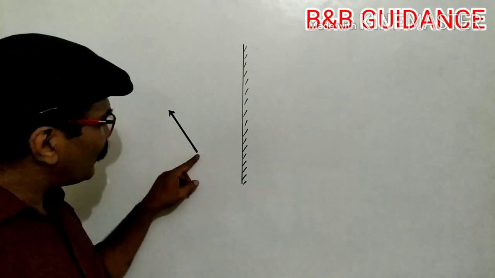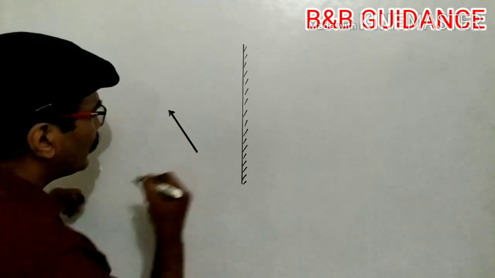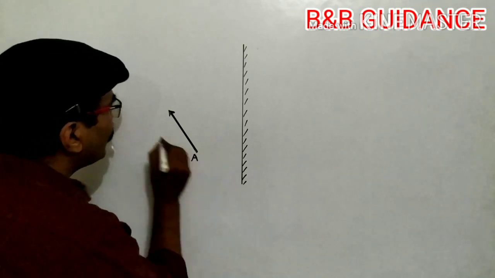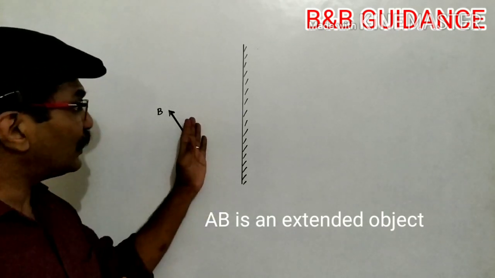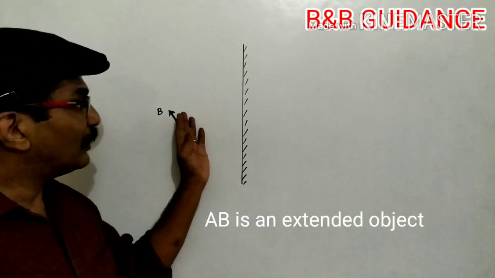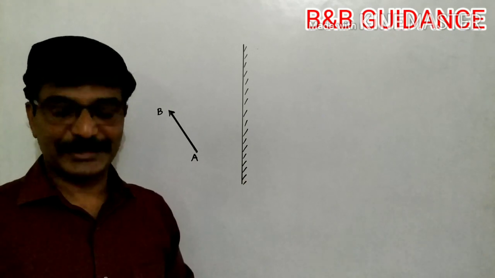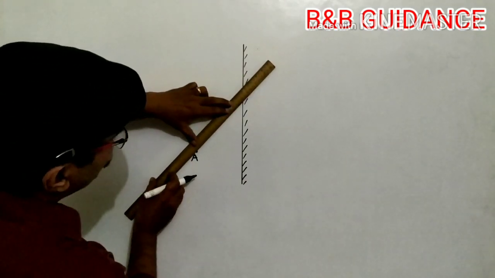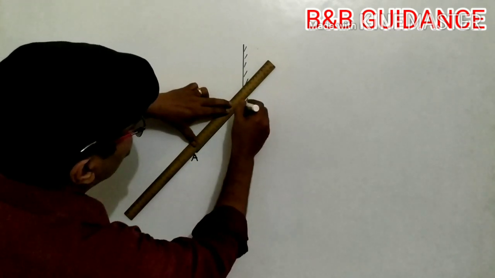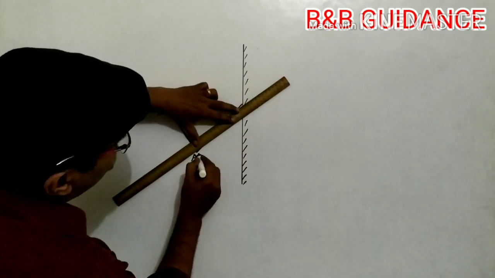Same way, this is one point, this is another point. Let me give the name A here, and this is B. AB is the object. I have to draw the diagram for image formation. So two rays I will take from this A. Okay, let it fall on the mirror. One, another ray.